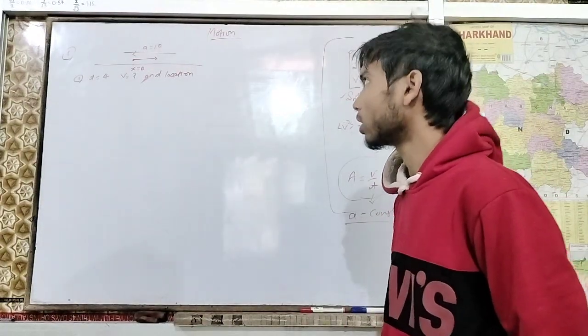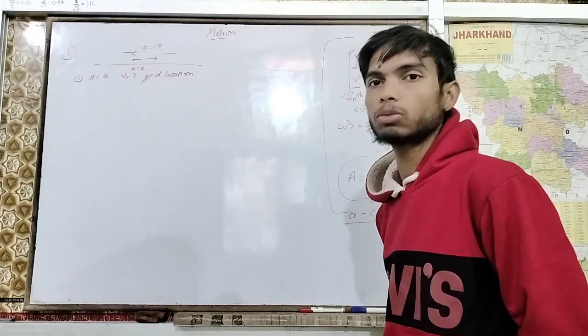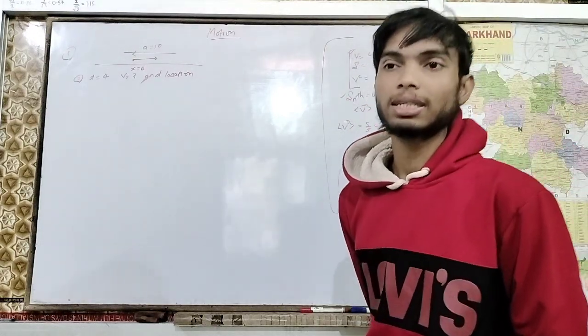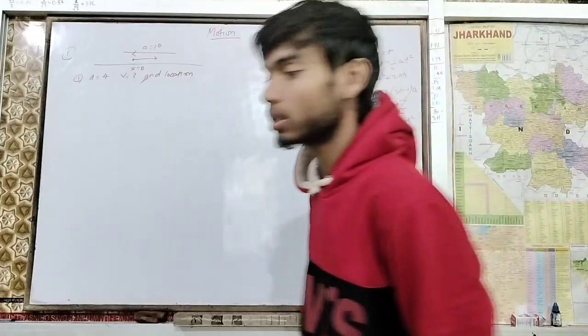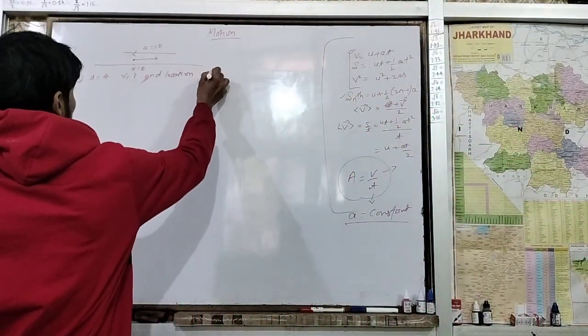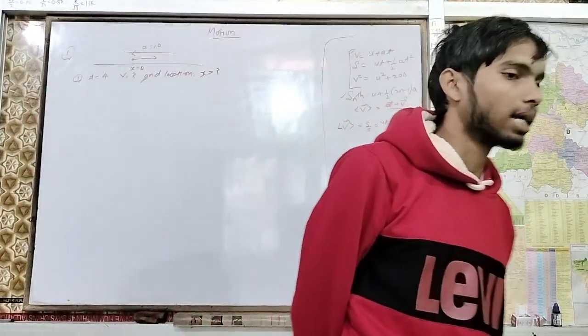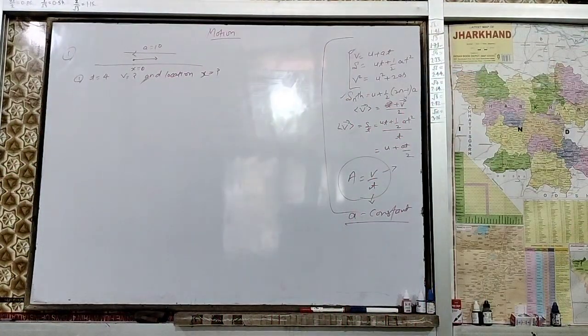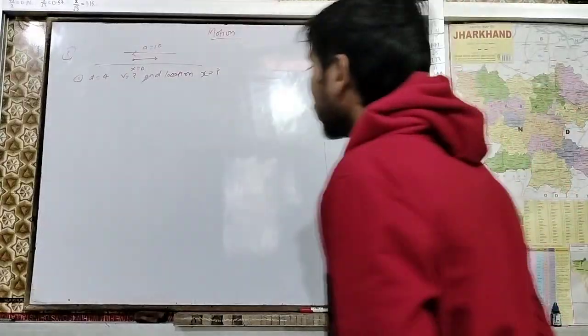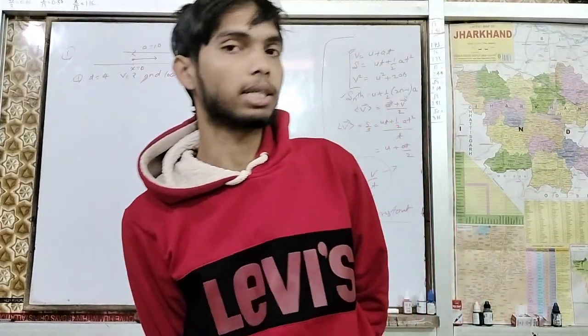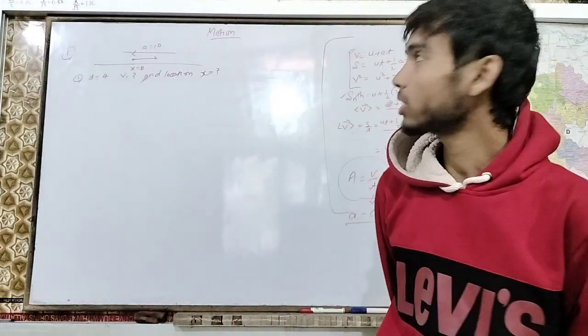And location. When it comes to location, position, place, in the language of math it is saying find x, the value of x. So we are considering x as a location, as a position. The question is clearly saying what will be your velocity if t is given, and acceleration is how much?